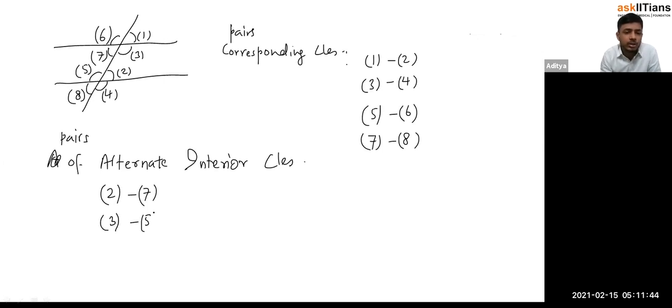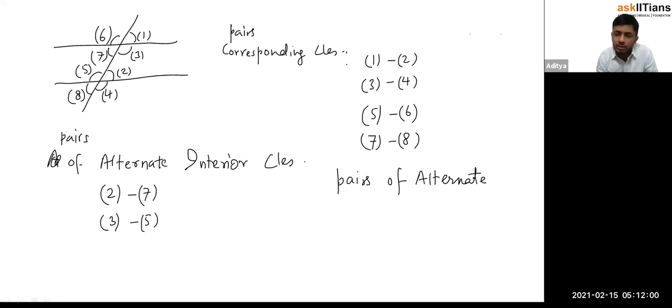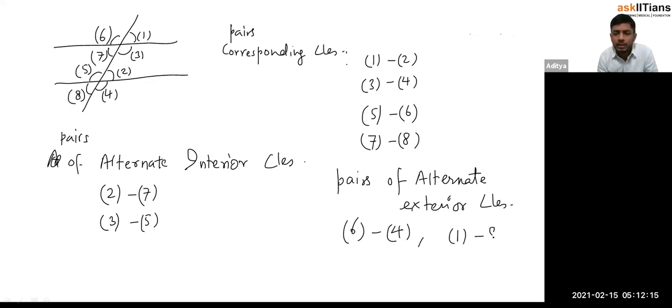We should remember that these pairs of angles are called alternate interior angles, corresponding angles, etc. We also have pairs of alternate exterior angles. These would be, for example, angle 6 and angle 4, and finally angle 1 and angle 8.